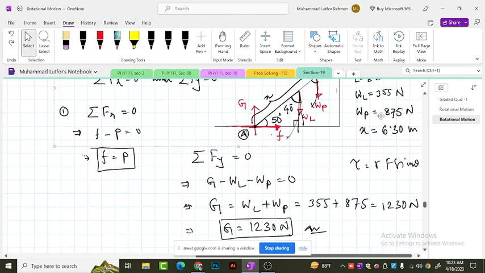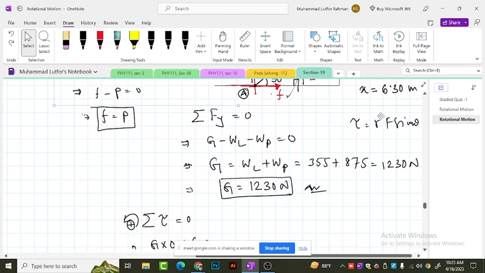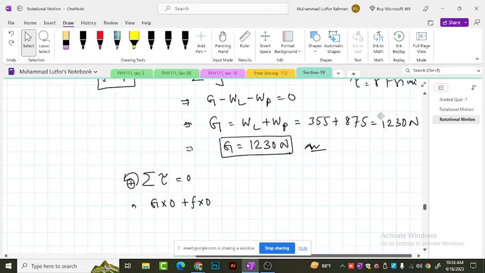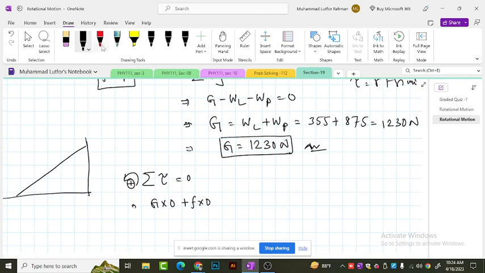So try to understand actually. So F will be 0, or I can draw it again for you. Say this is my ladder, this is my axis, and these are the forces.